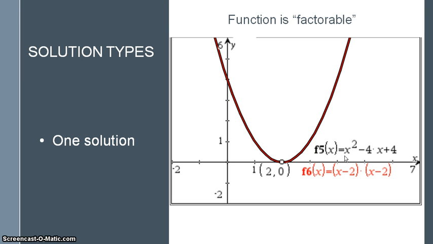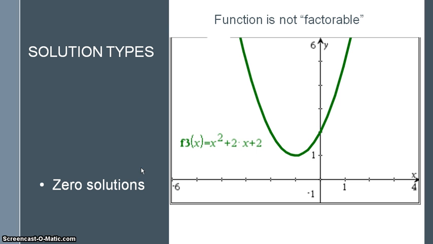So we see that relationship here, and that leads us to see that this function has one solution, which is 2, 0. So it's the value of x that makes the quadratic function equal to 0 that we call a solution.